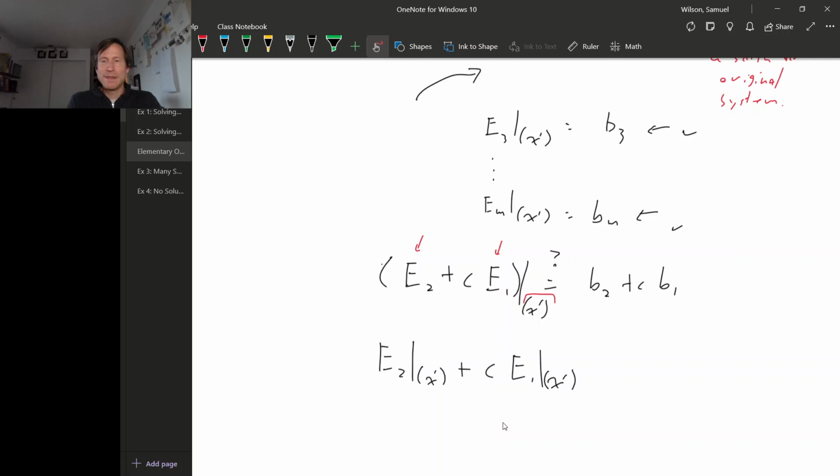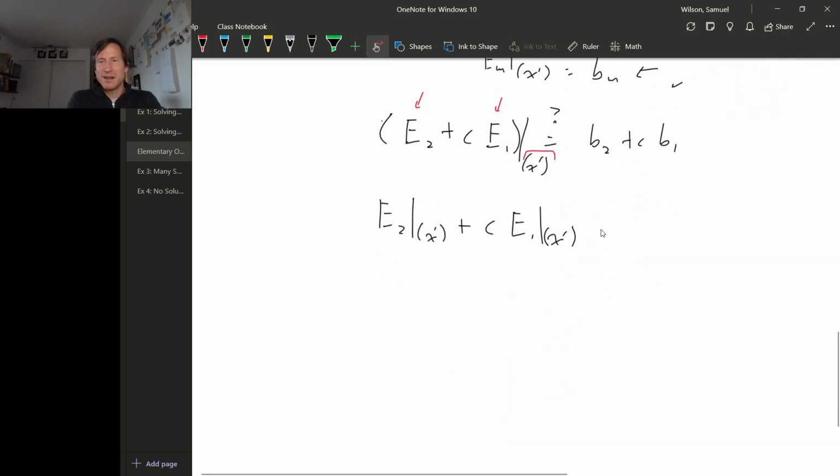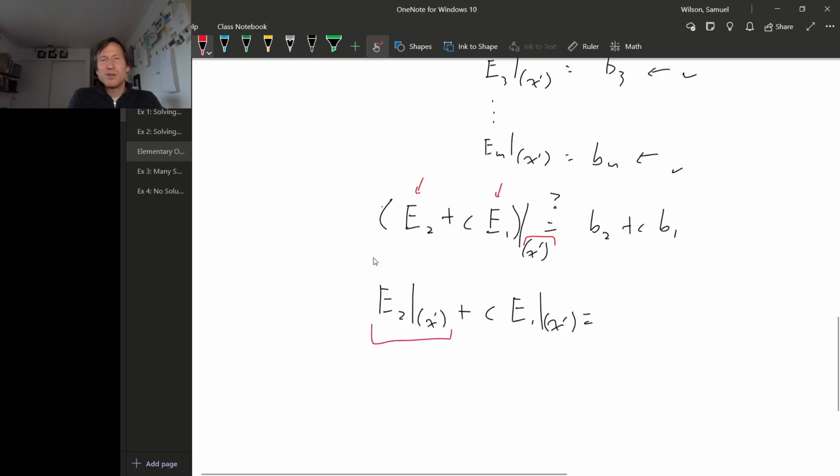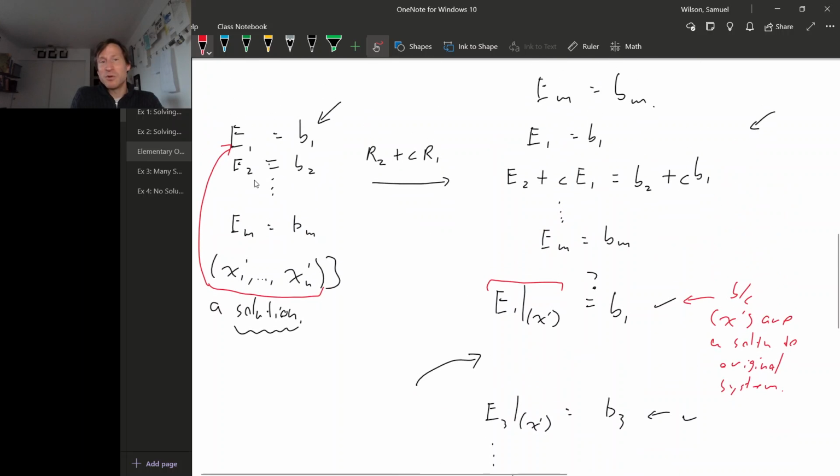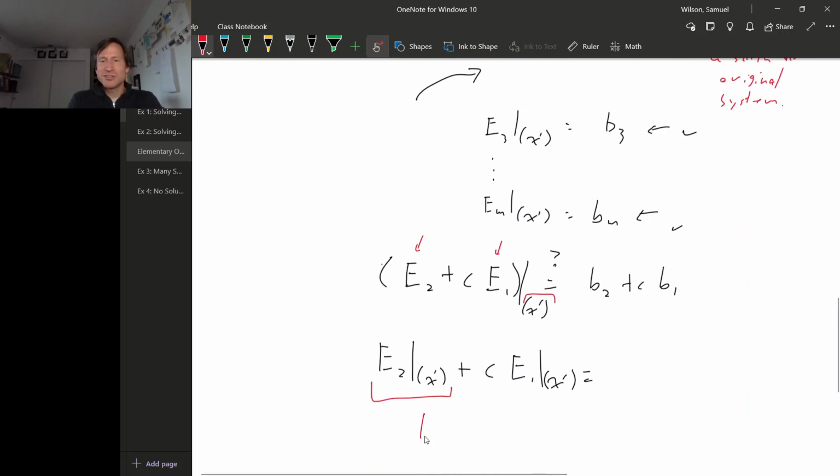Right. But what happens when we do that? Let's look at this piece. What is e sub 2 when you plug in all the x values? Well, if you look at our original system of equations, if you take e sub 2 and plug in your x values, you get b sub 2, because the x values are a solution to this equation. So this first bit is actually just b sub 2.